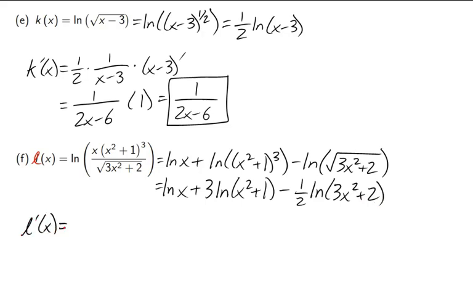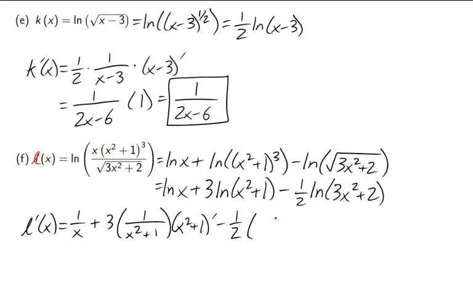L prime of x equals the derivative of natural log of x is 1 over x. The derivative of 3 natural log of x squared plus 1 is going to have a 3 in front. Then by the chain rule, natural log of u becomes 1 over u times the derivative of the inside. 1/2 in front for the next term.